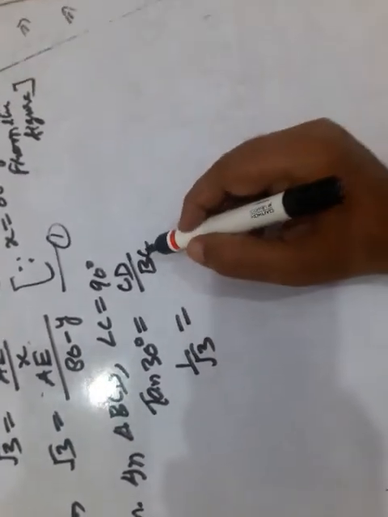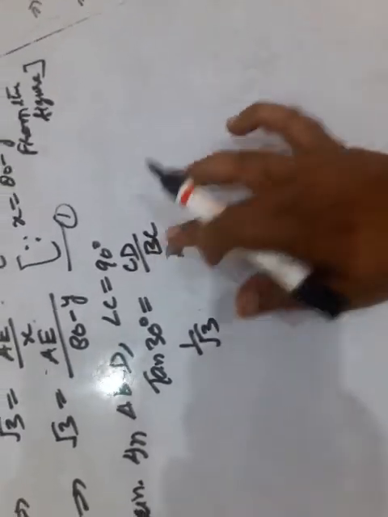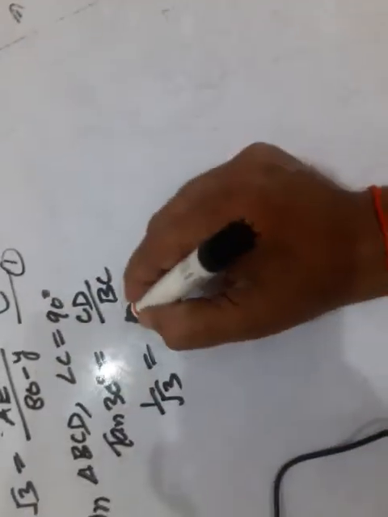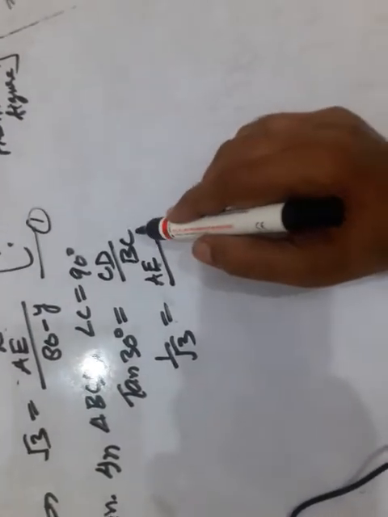And children, CD equal to AE. This CD equals AE, both the poles are equal. CD equals AE upon BC.